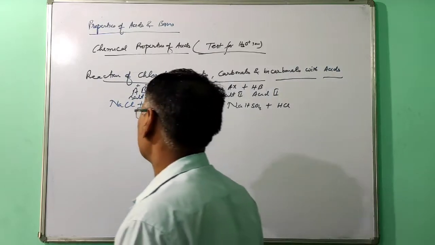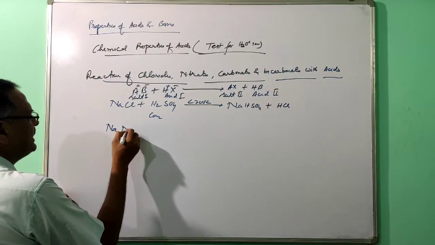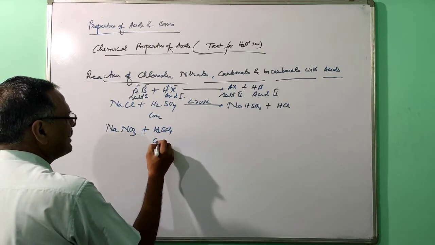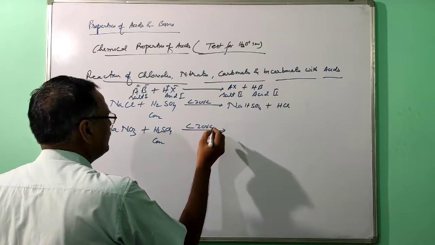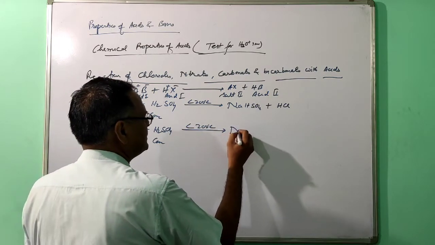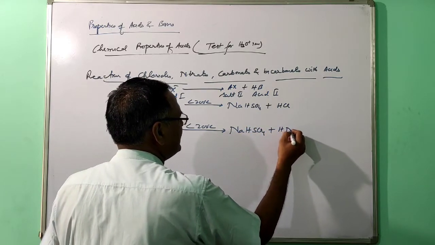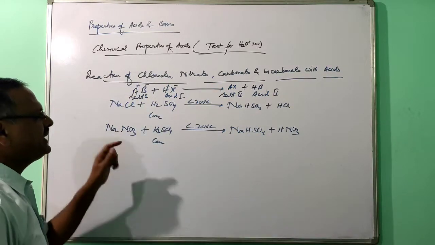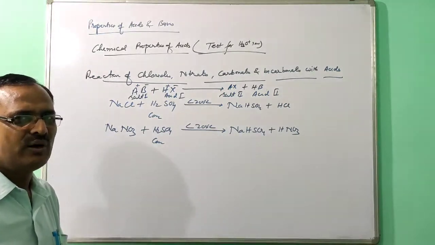In the same way, NaNO3 reacts with concentrated H2SO4 and the temperature is below 200 degrees Celsius, this will form NaHSO4 plus HNO3. In these two equations, if I ask you what nature of the concentrated sulfuric acid is used here, what will you answer?